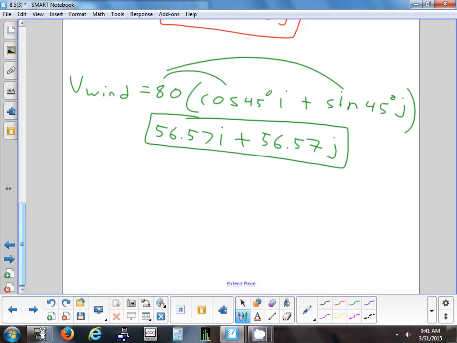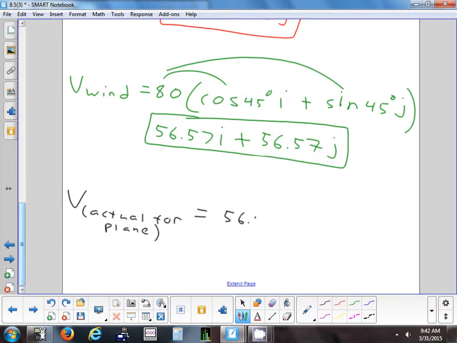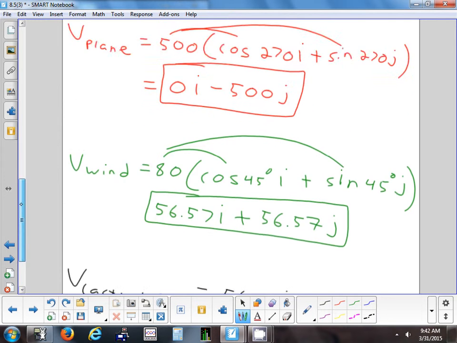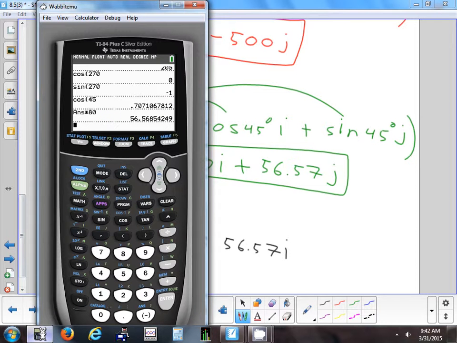All right, so it's the velocity vector actual for the plane, taking into account the wind. All right, so we've got 0 plus 56.57i. Okay, that's its horizontal component. And it's trying to fly down at 500 miles per hour, or south.